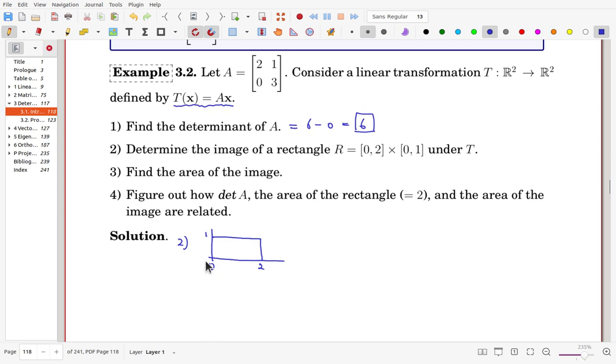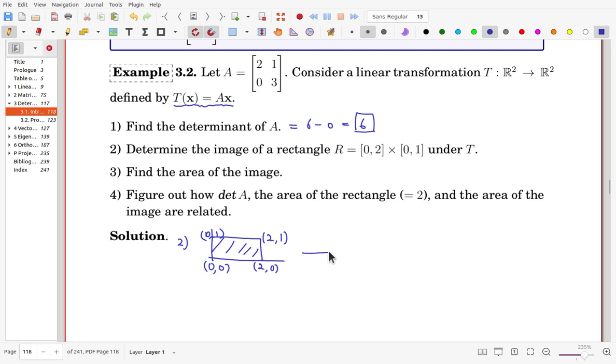We'll indicate each point by two coordinates. There is 0, 0, and that is x equals 2, y equals 0. That will be x is 2, y equals 1. And this one will be 0 and 1, right? So that is the region.